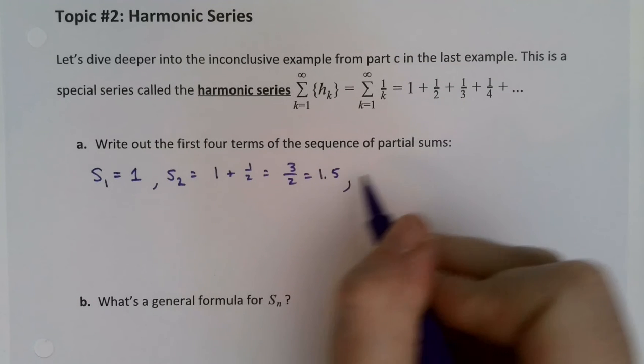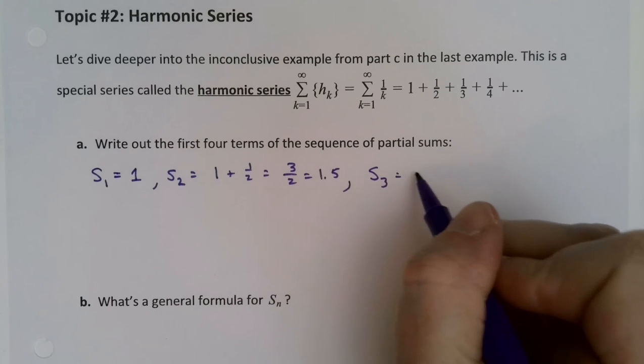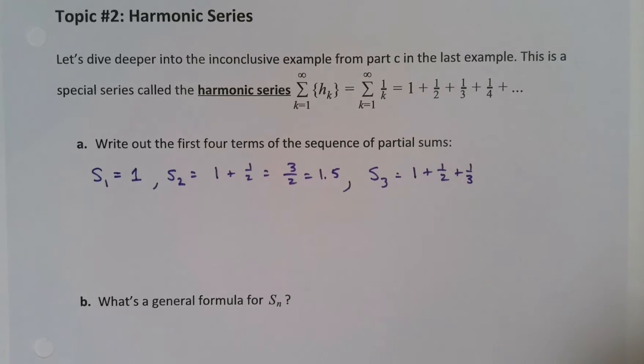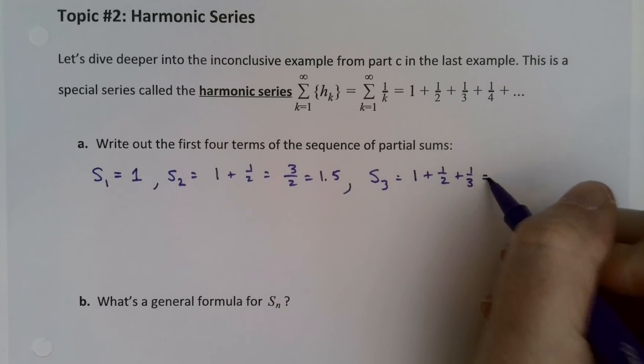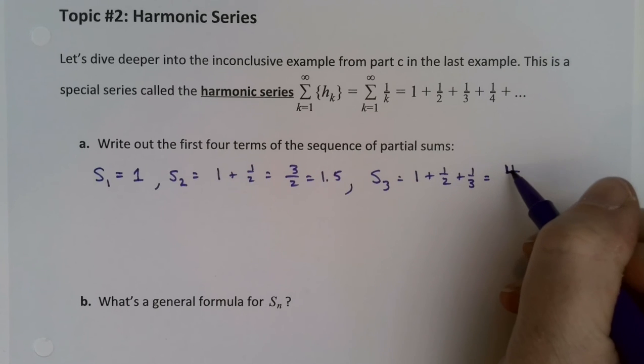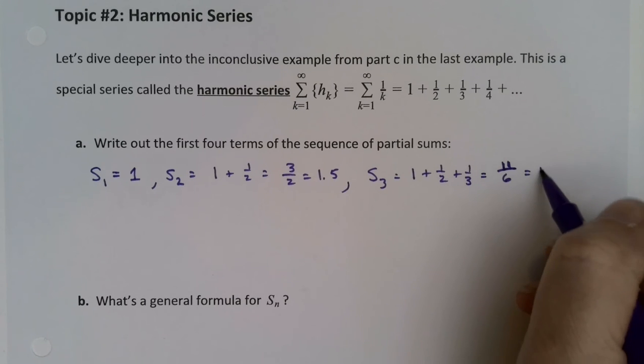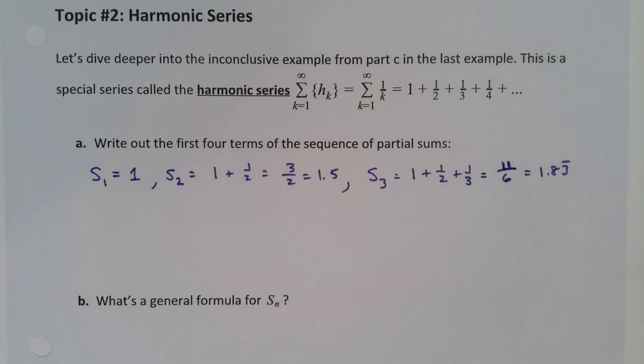Then if I take s sub 3, that would be 1 plus a half plus a third, which is 11/6. You can check it on Desmos if you don't believe me, which is 1.83 repeating.